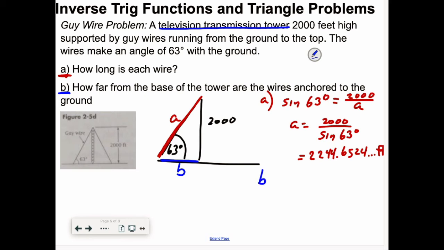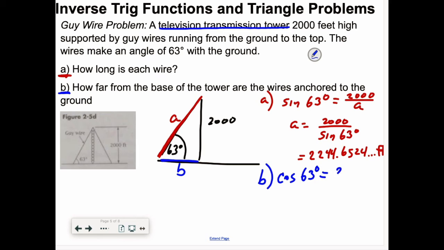Now, B, you have some options. You can use A that you got, or you can use just the given information. I'm just going to use the given information here, just in case I happen to be off and don't really want to use my value for A. So in order to solve for B, I'm going to do cosine of 63.